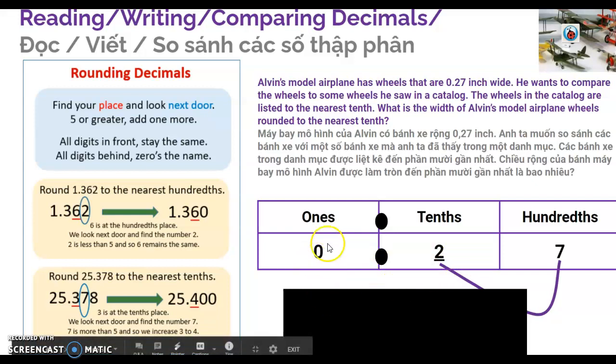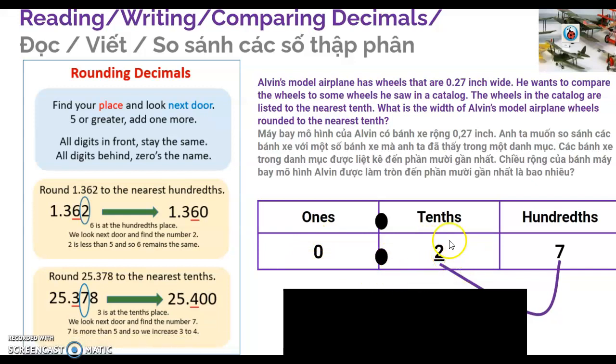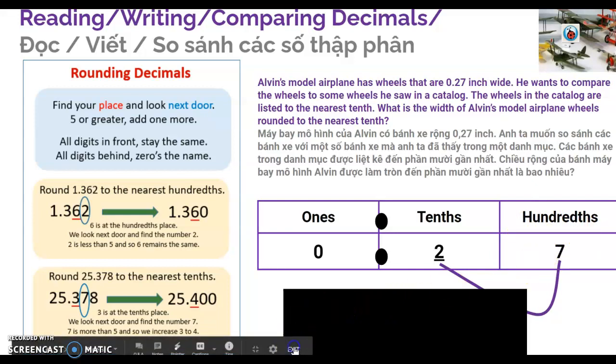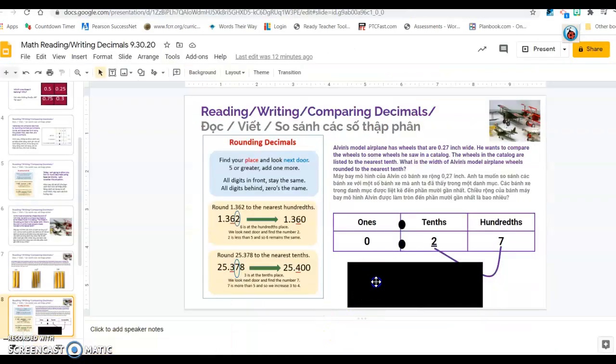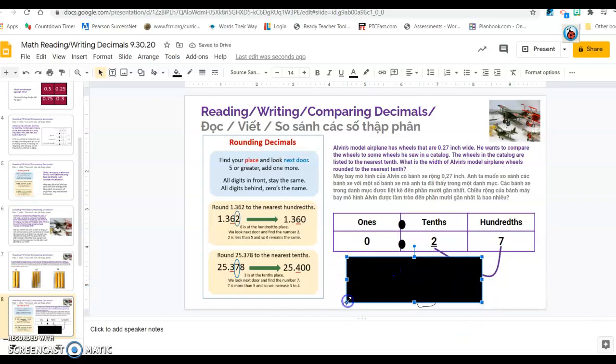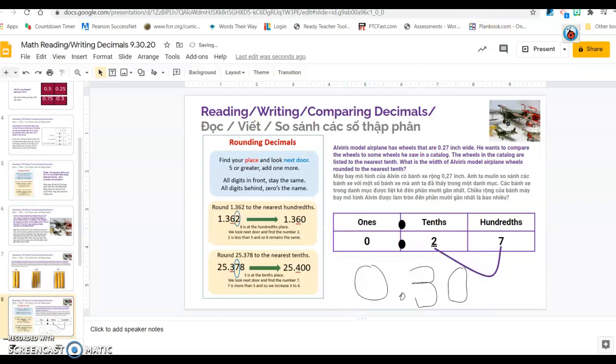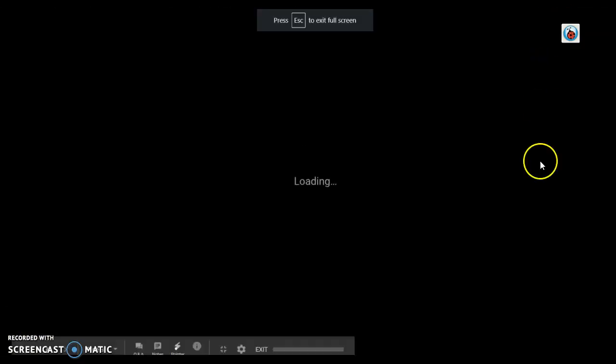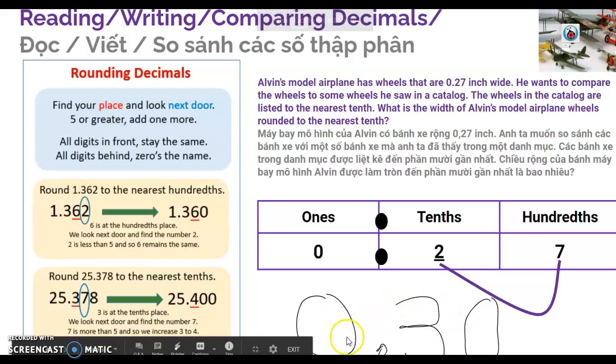So I'm going to keep this as 0, keep my decimal, change this to 3, and make this a 0. My answer is 0 and 30 hundredths, which is the same as 0 and 3/10.